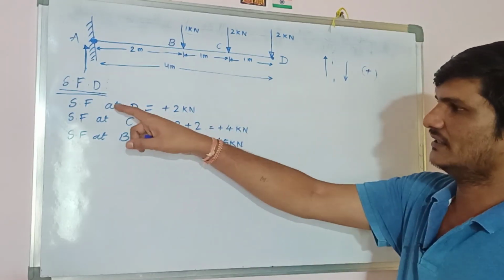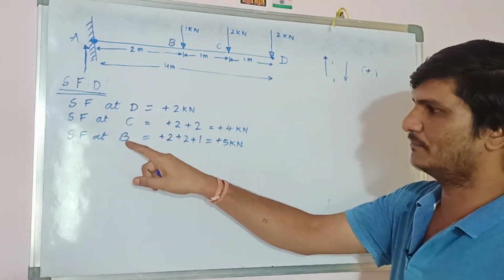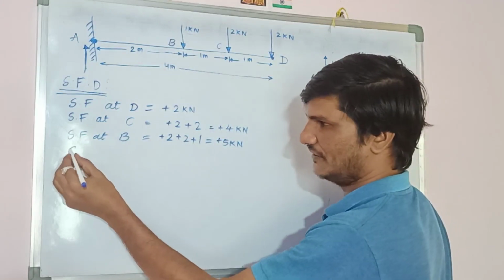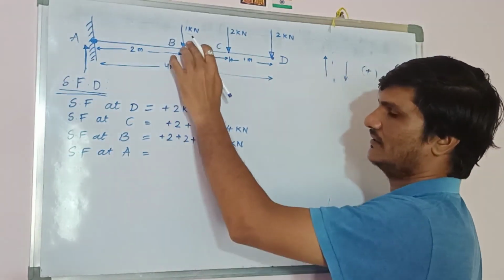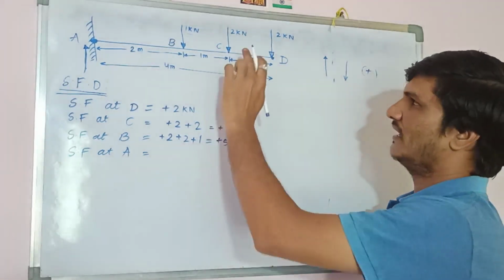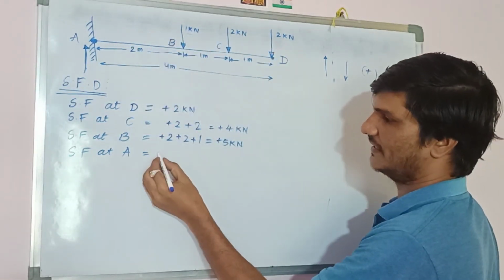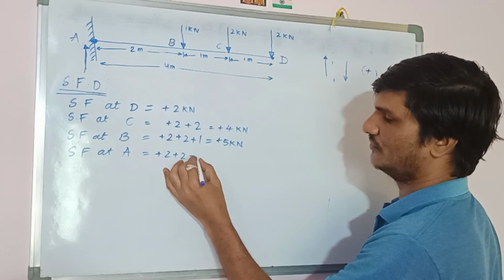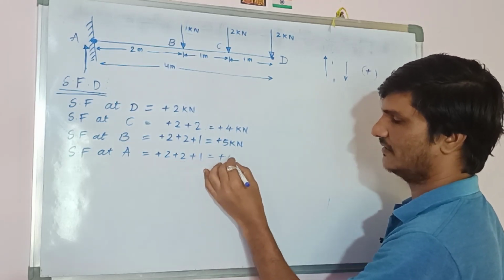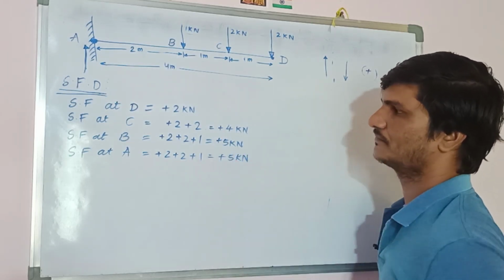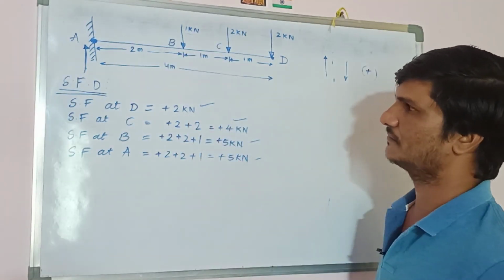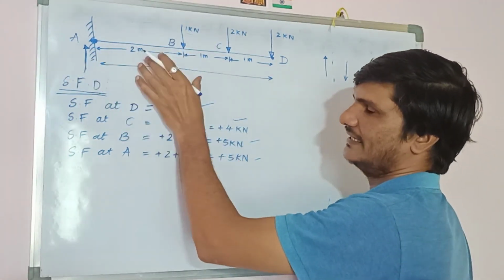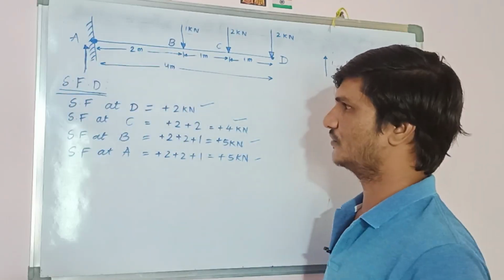These are the shear forces at D, C, B. Now the remaining is the shear force at A. Again all the forces we will take, plus 2, plus 2, plus 1, so again 5 kilonewton. So 2, 4, 5 kilonewton, and from B to A it is uniform.